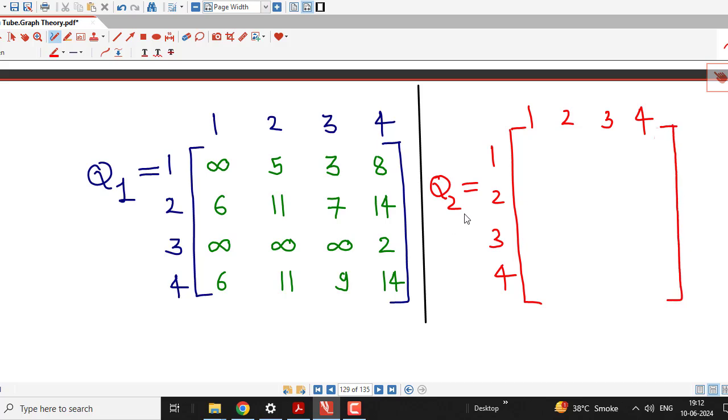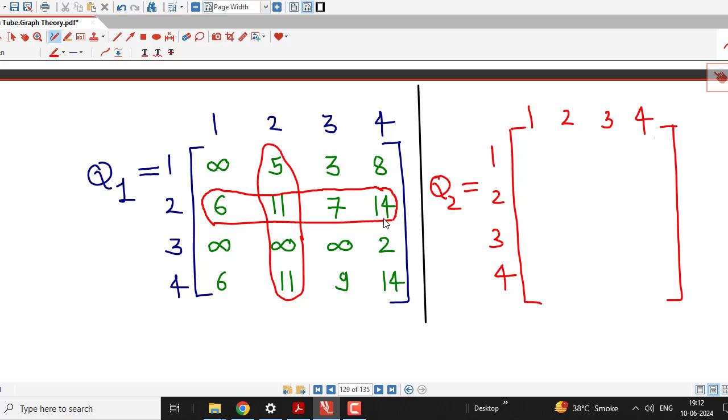Now remember, if I am writing q2, I will copy the second row and second column of q1 into q2. This I have to write as it is in q2 because I am writing matrix q2. So because I have 2 in the suffix of q, I will write the second row and second column as it is.